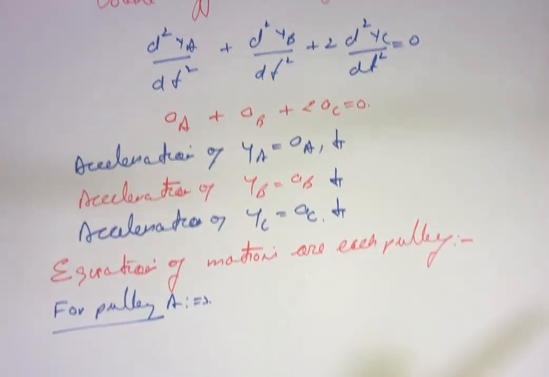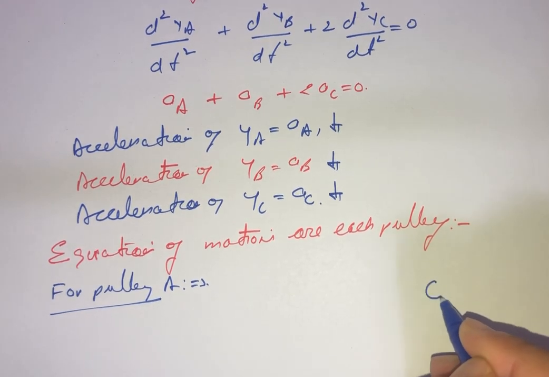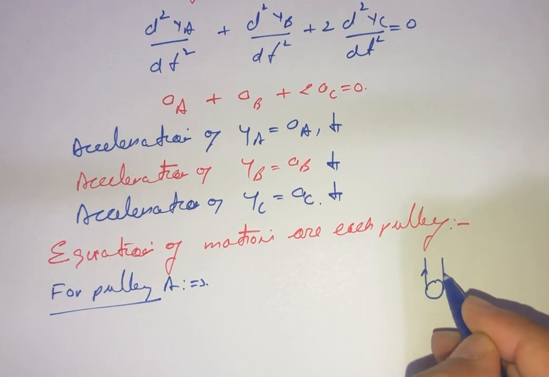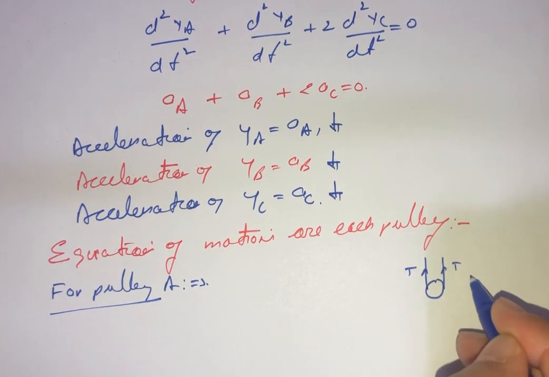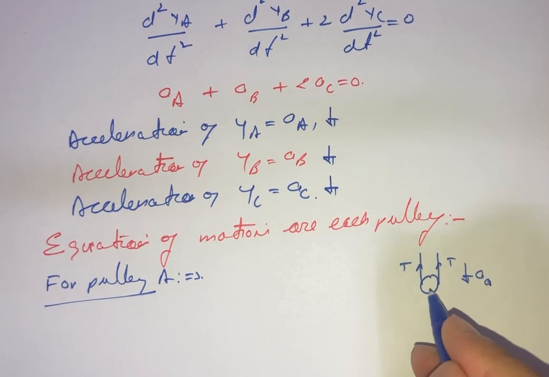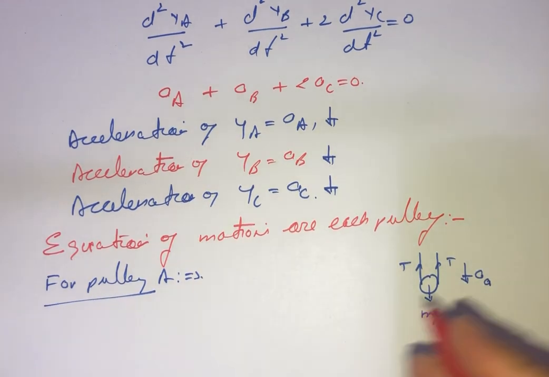Okay, so we can draw a free body diagram for A. This is pulley A. So we have tension T, acceleration AA, and we have mg.